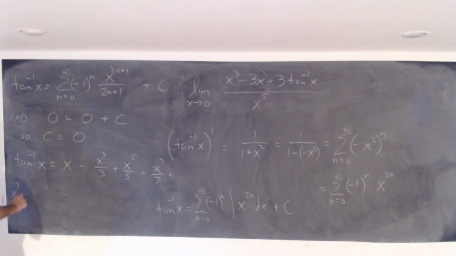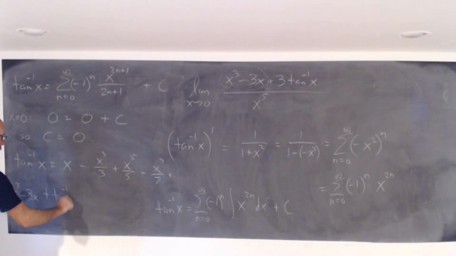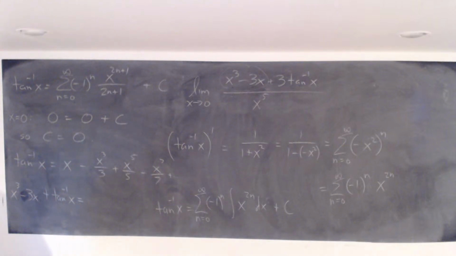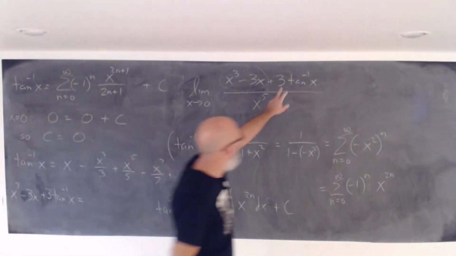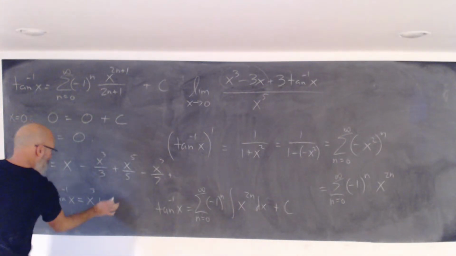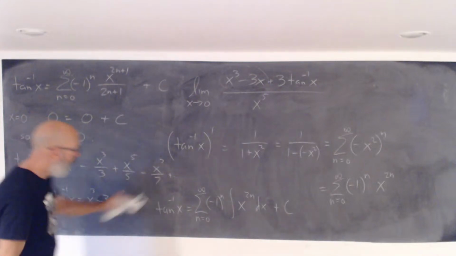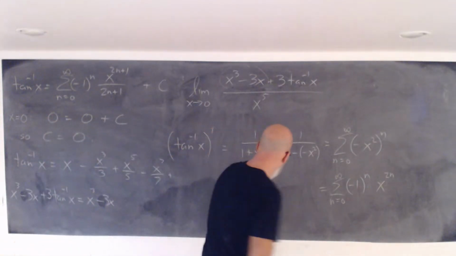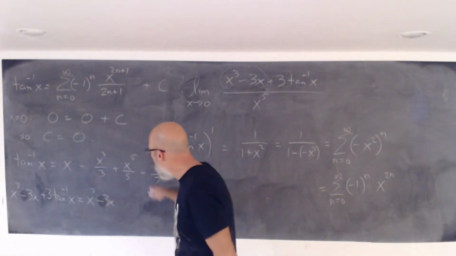x cubed plus minus 3x plus arctan, is what? Oh, sorry. I should be multiplying this by 3. So plus 3 arctan, right? I want the 3 arctan. So that's going to be x cubed plus minus 3x, and multiply this by 3.